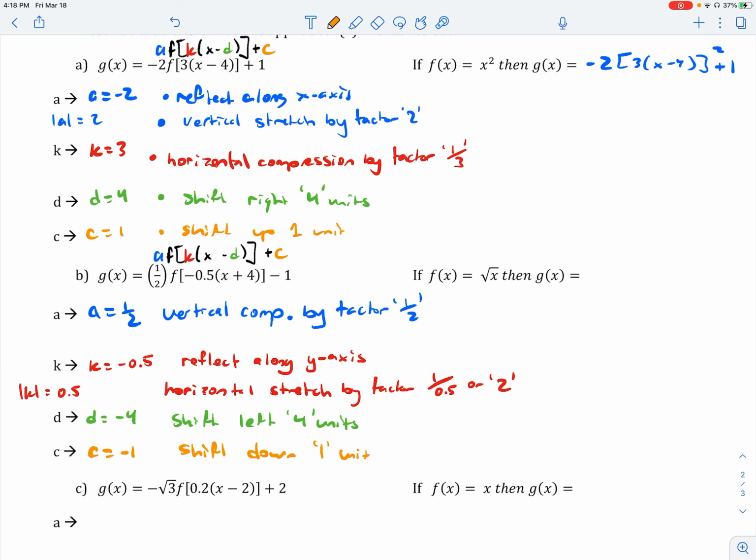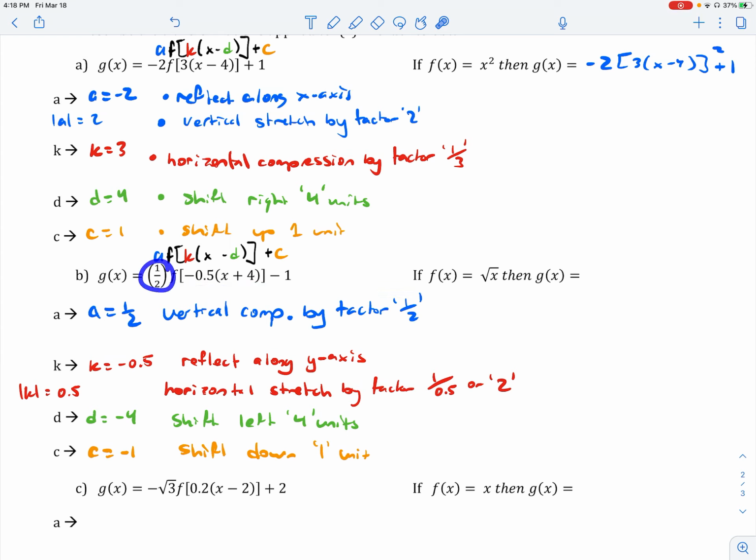Okay, time to write out our equation. So here I can see what we need to do to the base function to get g of x. So if this is my base function, this basically means this whole square block has to go in for x underneath the root. So I'm going to have a big square root with that whole square block in it. This will all be inside the square root.